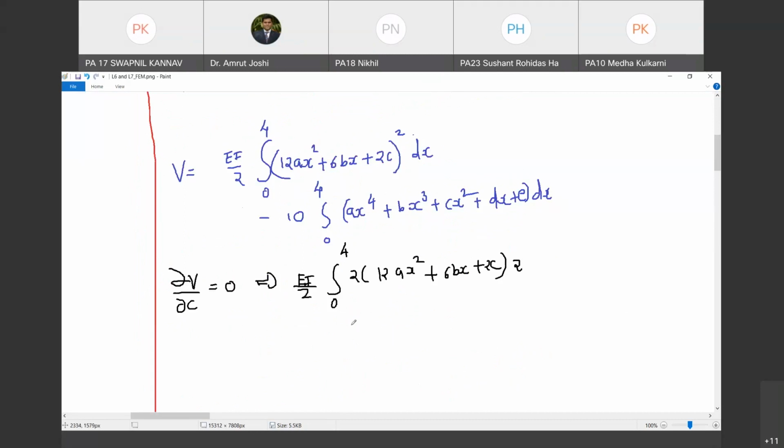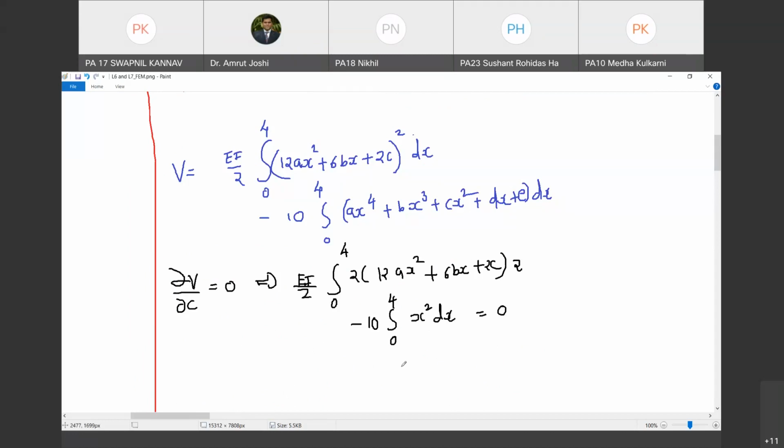And then you have the next term as minus 10 into integration 0 to 4. If I differentiate this polynomial with reference to c, I have only x square remaining here, dx. Do you agree with me? Type your response in chat box. This has to be 0. Now we are going to do it quickly.